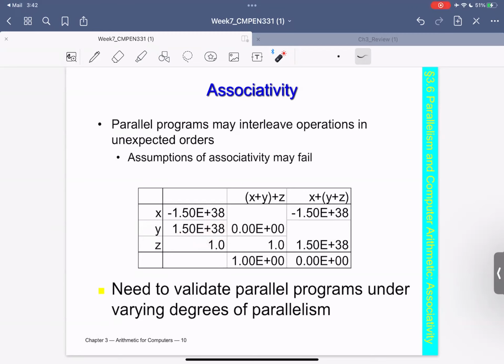If you add a billion plus 1, what is the result? A billion, correct? If you add 1 to 10 to the power of 38, it is just that particular number. So when you add this with that, you are just getting the same number. Then this result is added to x, which is the same number with the negative sign, so at the very end it is 0.